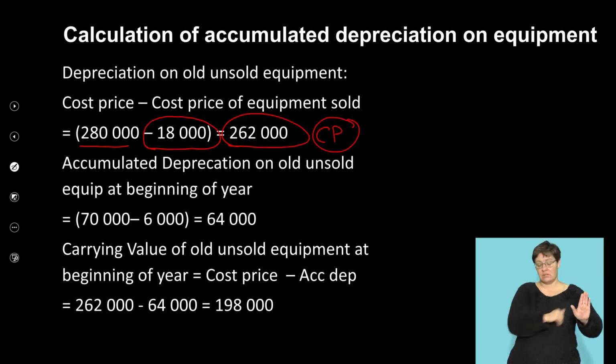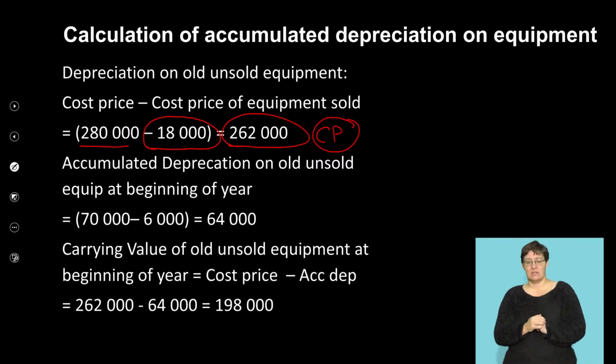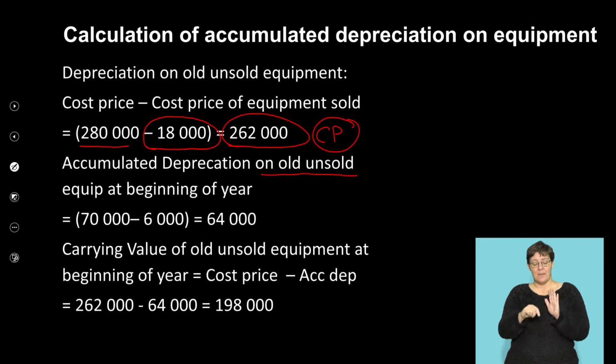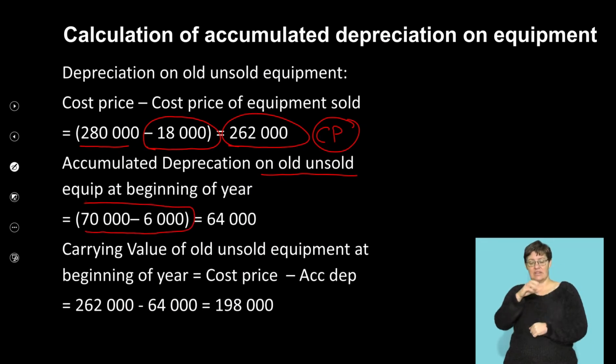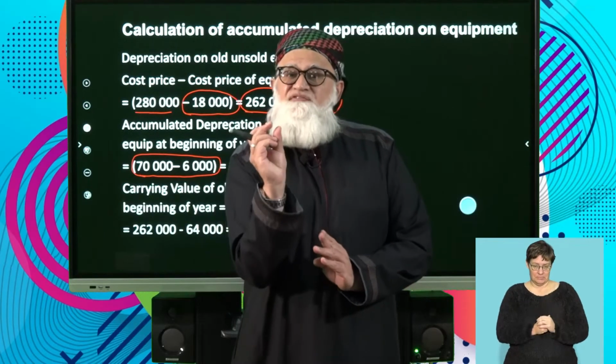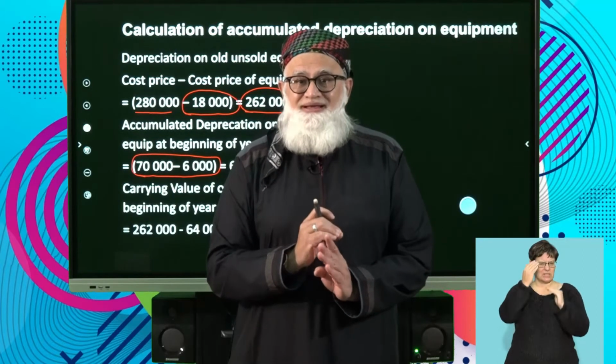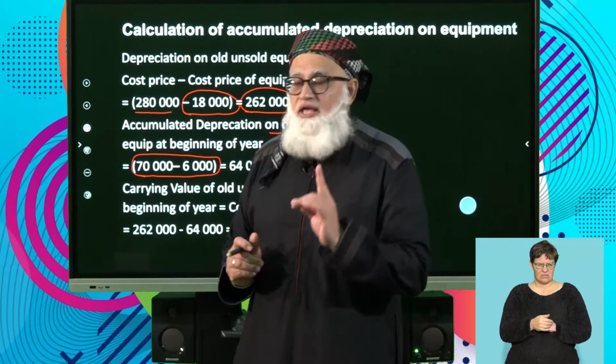Now we go to the second bracket and we say accumulated depreciation on the old unsold. Start off with my opening balance. Let me find my opening balance. Here we go, 70,000 Rand, opening balance. And then minus the 6,000. Now this is the critical part. Which figure do I subtract in my accumulated depreciation? I'm going to take you back to the table.